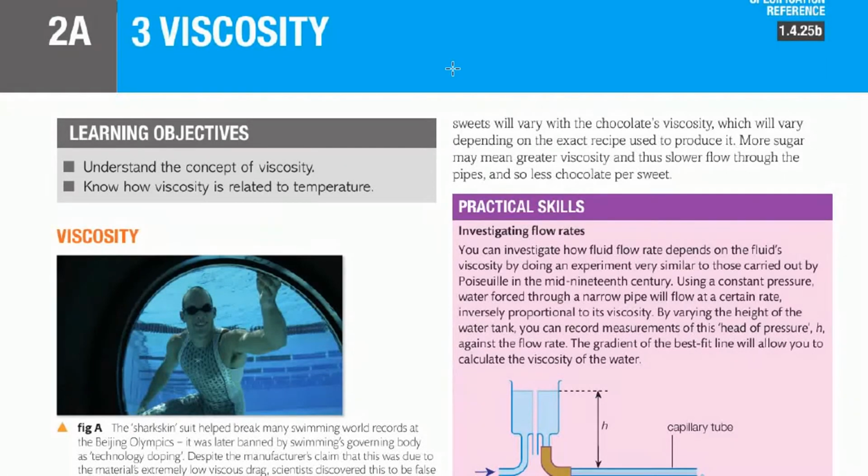But in gases, the correlation is positive, so viscosity increases as temperature increases. This happens because gas molecules are already weakly attracted to each other, and so any increase in vibration of gas molecules makes them interact strongly with each other, and that makes the gaseous substance more difficult to flow.